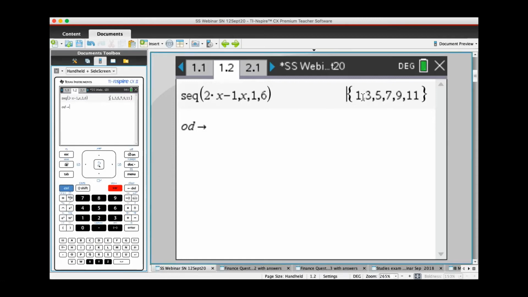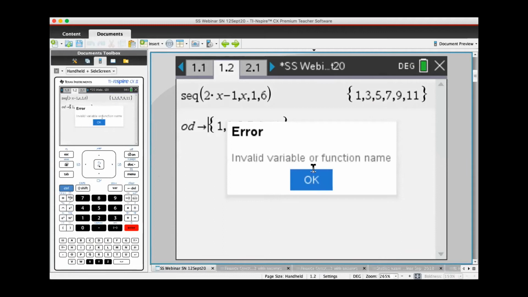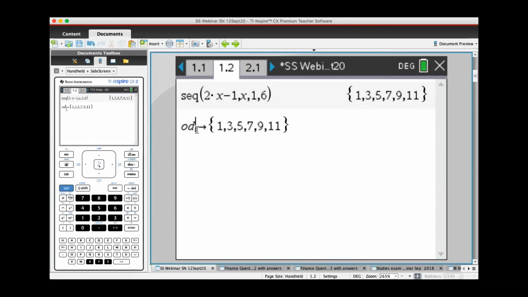What I can do is copy this here, paste it here, and okay. So this has been stored, all right, already.